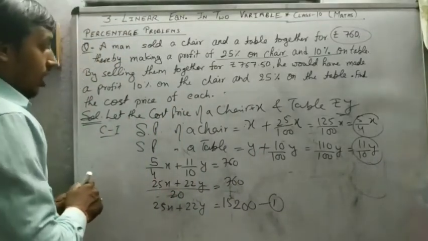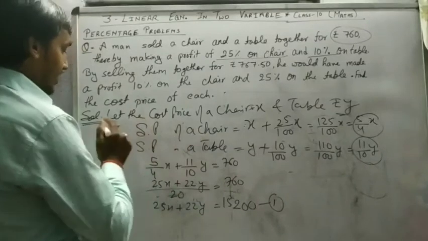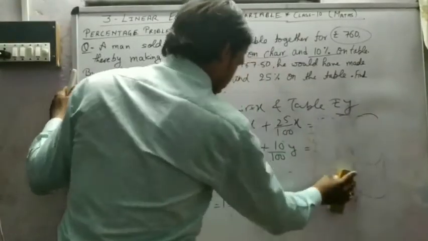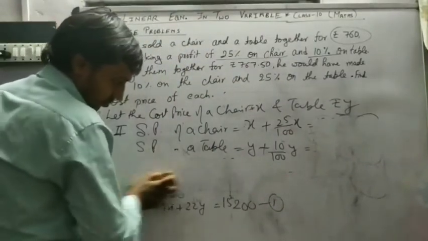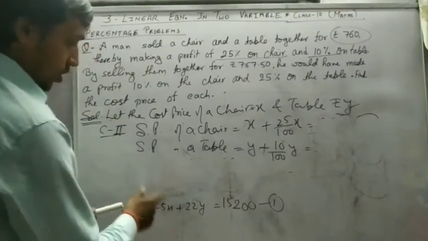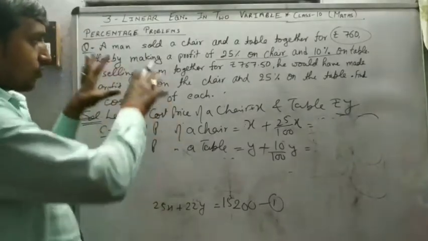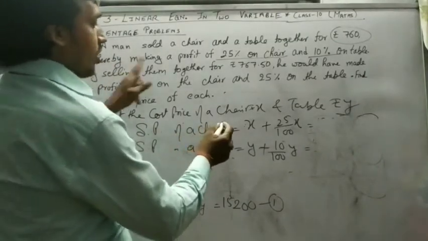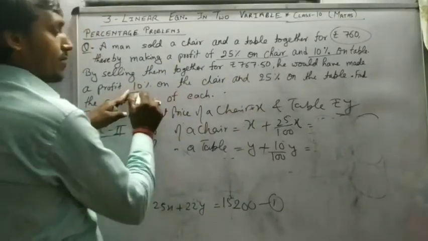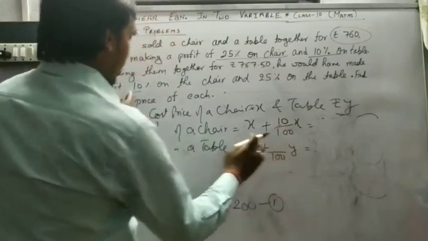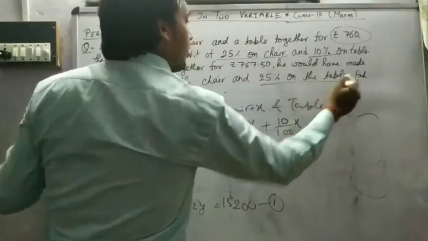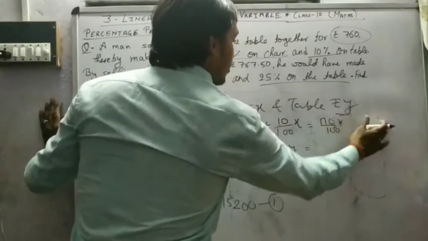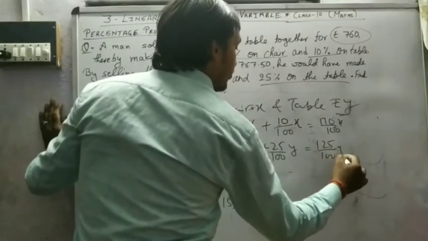Let's see. So that's the equation number first. After making the equation, we have to rough it because there is no sufficient space, and the equation is a must for solving. So the selling price of a chair for case second is a profit on chair at 10%, and for the table 25% profit. That is 110x upon 100 and 125 upon 100 y.